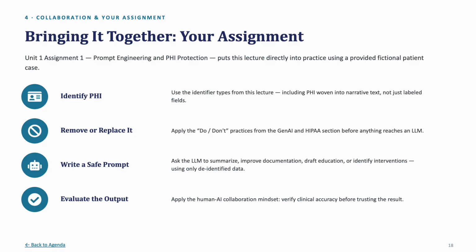You'll write a prompt asking an LLM to summarize, improve documentation, draft education, or identify interventions using only de-identified data. And finally, you'll evaluate that output with the same human-AI collaboration mindset.